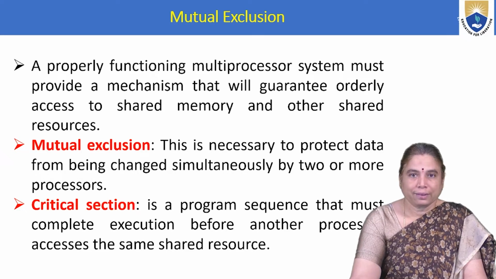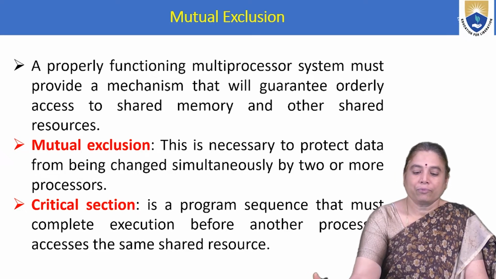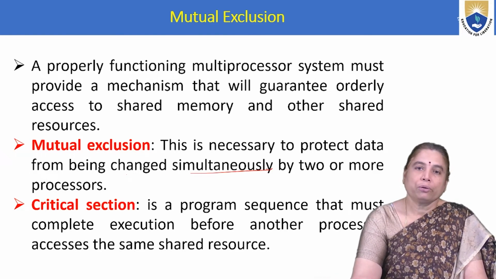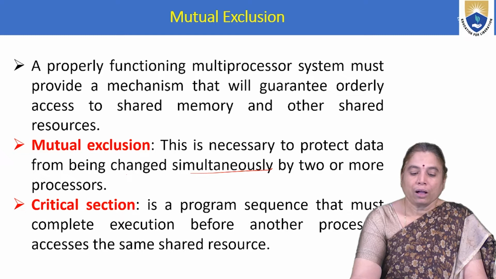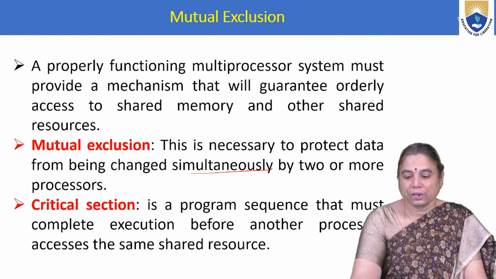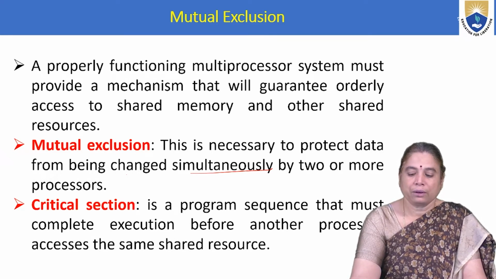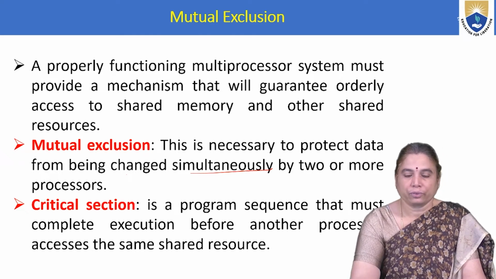This is necessary to protect the data from being changed simultaneously by two or more processors. This is possible with the help of the critical section. A critical section is a program sequence that must complete execution before another processor accesses the same shared resource.